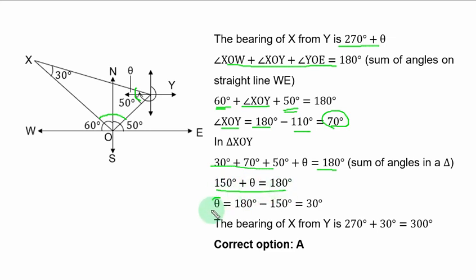If you make theta the subject, you have 180 degrees minus 50 degrees equal to 30 degrees for theta. Therefore, the bearing of S from Y is 270 degrees plus theta, which is 30 degrees, and you have 300 degrees. A is the correct option.